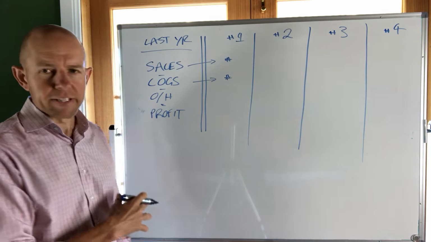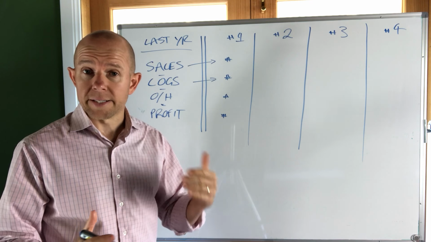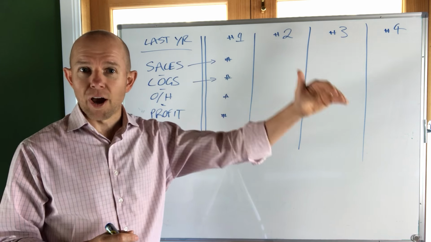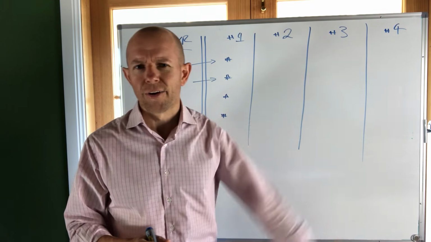Now in scenarios 2, 3 and 4, we start to get a little creative. This is where we really start playing with the top line, asking ourselves the question of what if. Hopefully you've got a goal of growing your sales in the next 12 months. And perhaps you've got a target you think is reasonable, one that is a bit of a stretch and one that is just kind of the ideal.